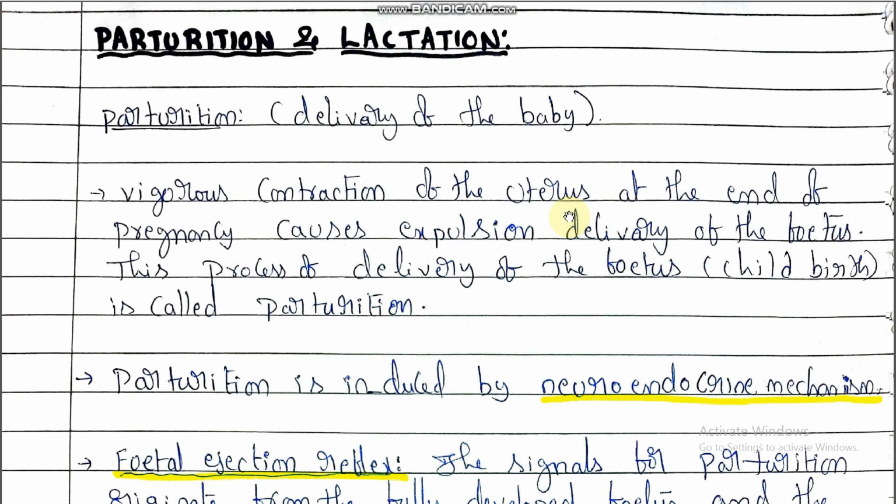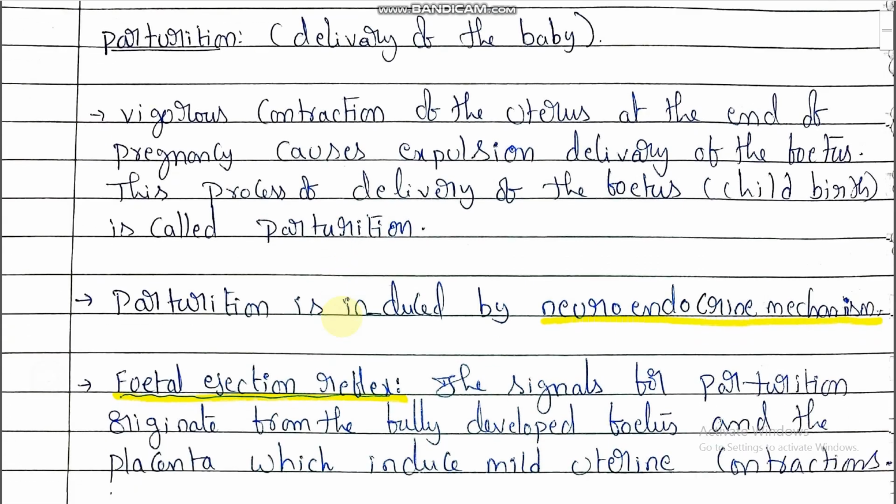So vigorous contraction of the uterus at the end of pregnancy causes expulsion, the baby comes outside, the delivery of the fetus. This process, delivery of the fetus, childbirth, is called parturition. Up to this clear? Right.